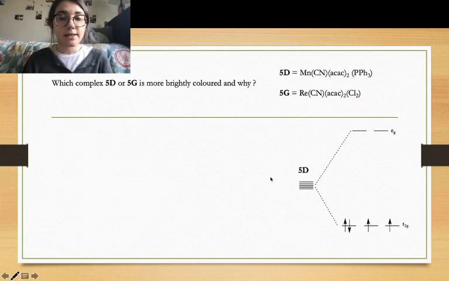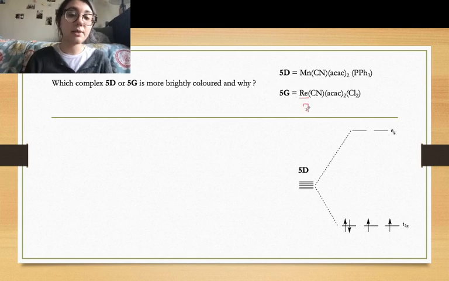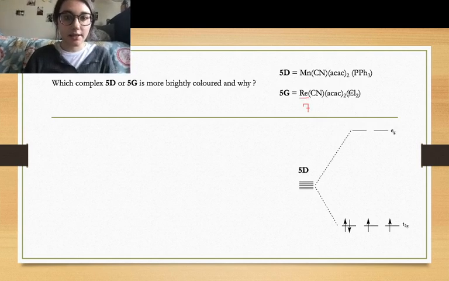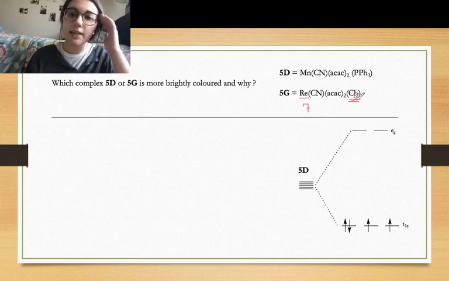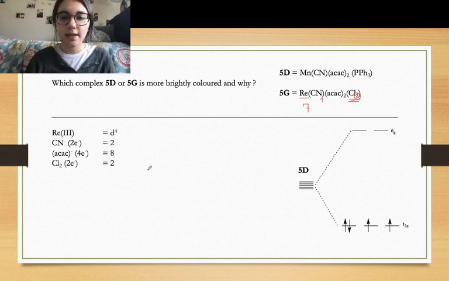Now, say I want to look at 5G. 5G is rhenium, and it has 2 things going for it. First of all, rhenium is also in this D7 group, so same as manganese, except it, unlike manganese, is going to be a high spin complex, and as well has a weak field ligand, and 2 of them. Now that Cl2 again is neutral, and there's 2 of them.